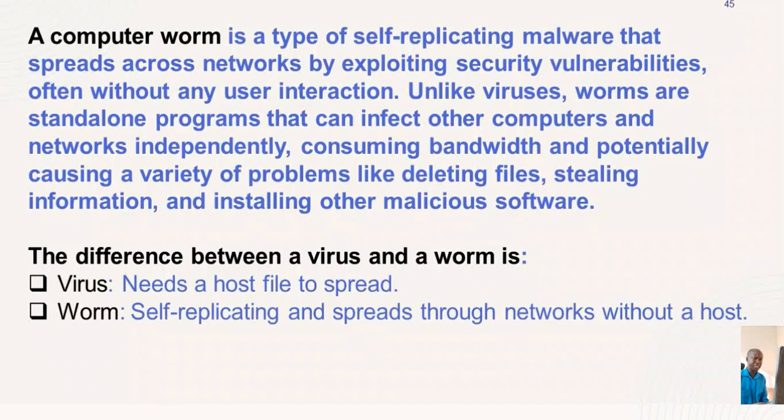Unlike viruses, worms are standalone programs that can infect other computers and networks independently, consuming bandwidth and potentially causing a variety of problems like deleting files, stealing information, and installing other malicious software. The difference between a virus and a worm: a virus needs a host file to spread. A worm is self-replicating and spreads through networks without a host.